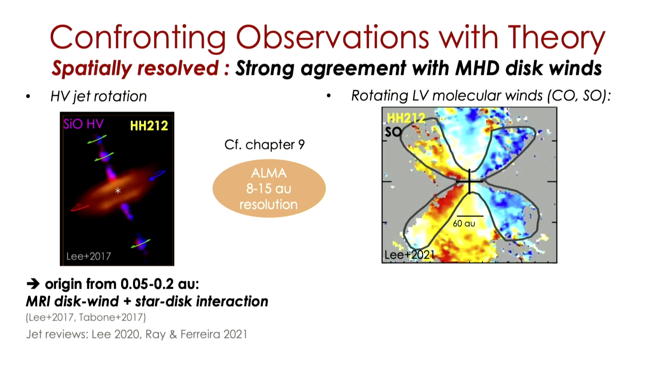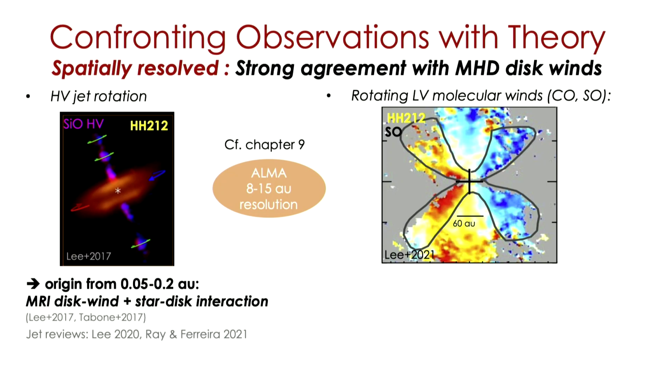And it implies an origin from 0.05 to 0.2 AU. And this is where we have the MRI disk winds and the star-disk interaction. So we know that jets are coming from the really inner disk. And I point you to some recent reviews about jets and their origin here.